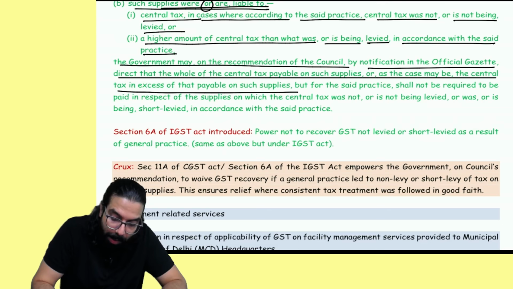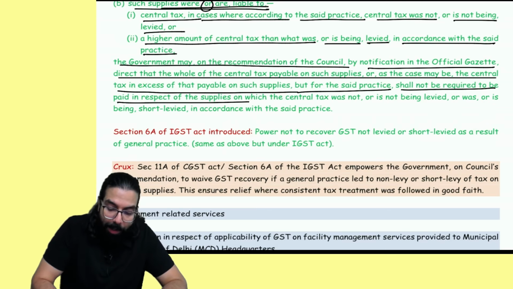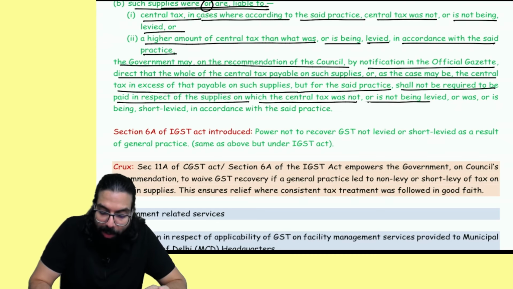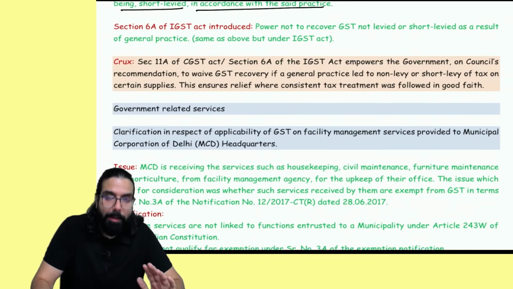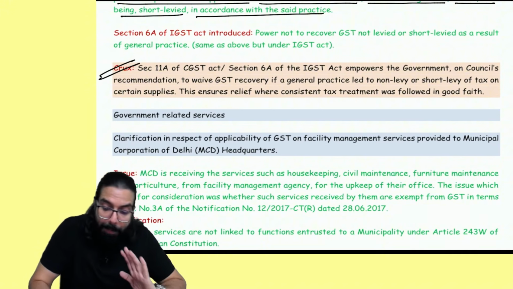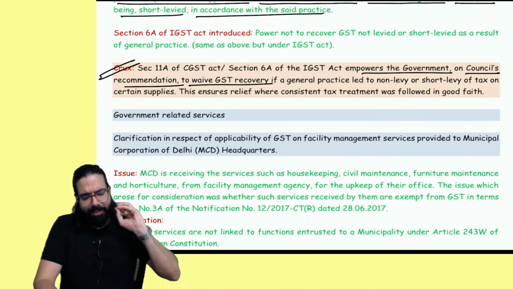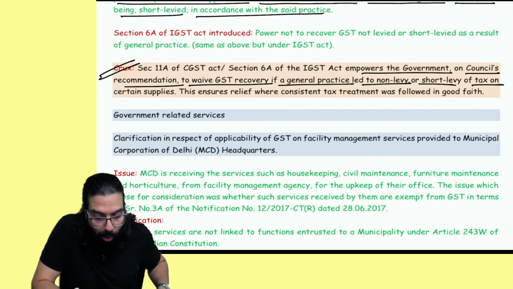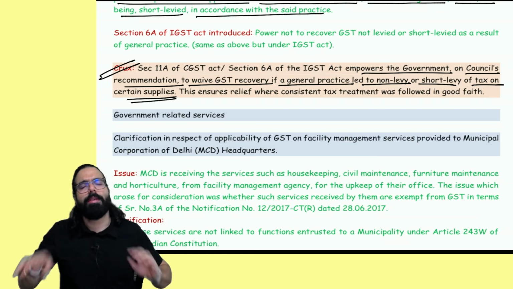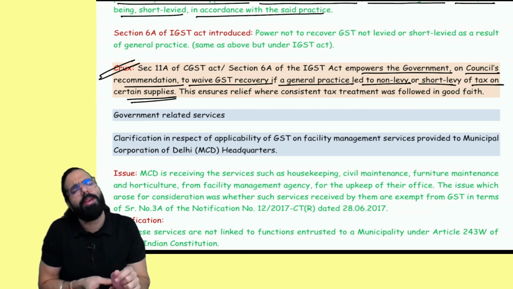It says that, but for the said practice, it shall not be required to be paid in respect of supply on which the central tax was not levied, or is being levied, or is being short levied in accordance with the general practice. So basically section 11A empowers the government, on the council's recommendation, to waive off GST recovery if a general practice led to non-levy or short levy on certain supplies.